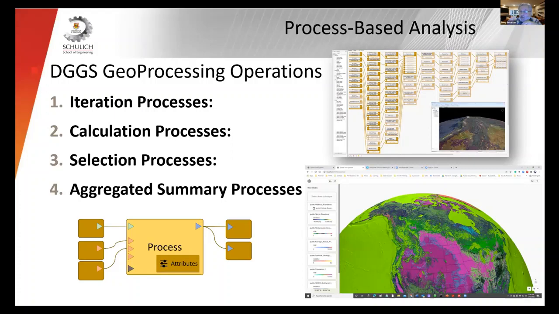And then the final one, and she talked about the traditional model of local, focal, zonal, global. That really works out on a DGGS because we have a real global phenomenon. We have the whole globe as a domain. And then finally, if we have data values in the cells and we do an aggregation, we can do statistical summaries of that data.